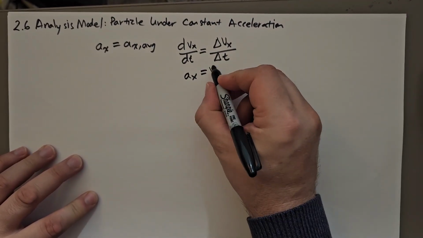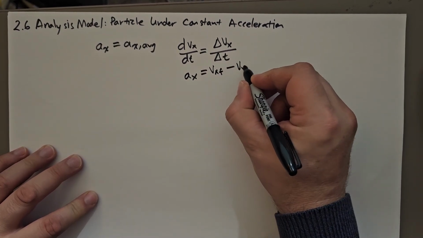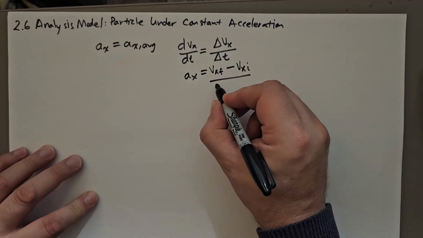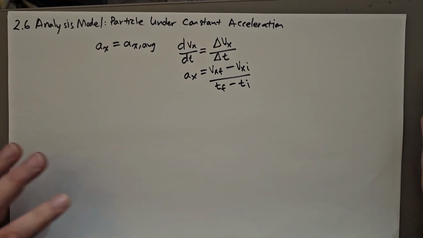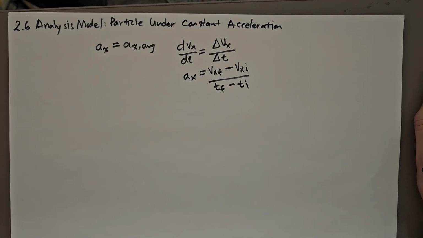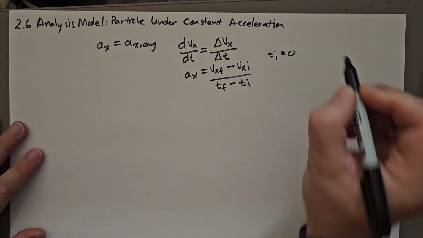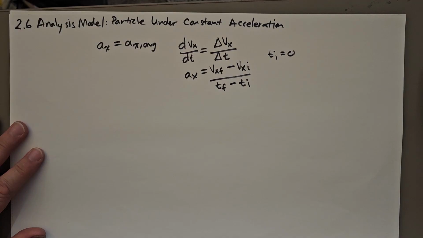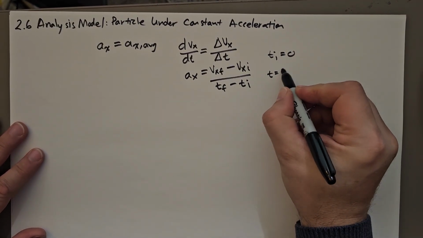Acceleration in the x direction is the final velocity in the x direction minus the initial velocity in the x direction, divided by the final time minus the initial time, right? Now if we take the initial time to be 0 and use any other time for the final time, we'll just say that t is the final time.